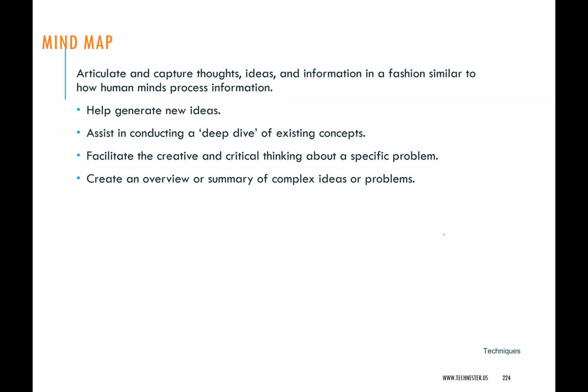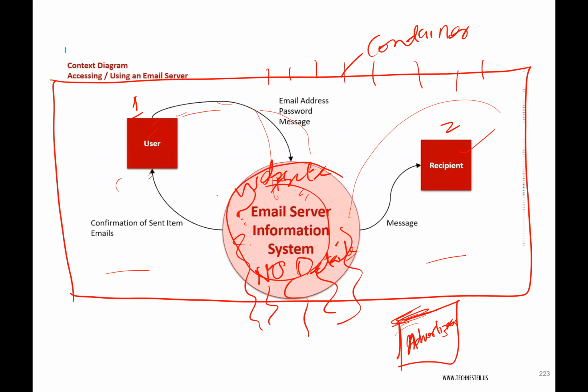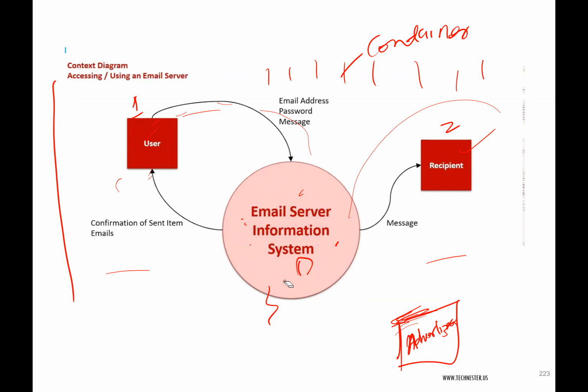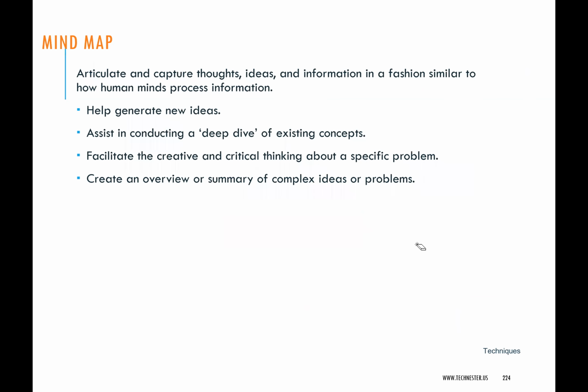So the next step is your mind map. Now, because I mentioned mind map here does not mean mind map is the only technique you can use to further break down your requirements. Remember, this context diagram does not give us any detail of the system. So we want to get more detail, maybe for another level of stakeholders, maybe our project managers, our mid-level managers, right?